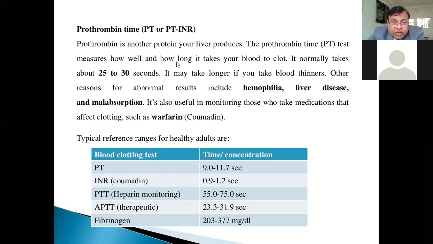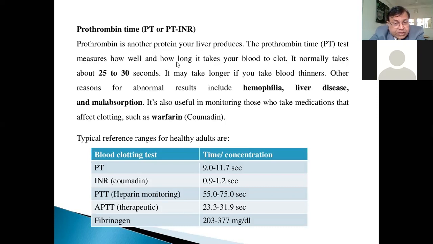It may take longer if you take blood thinners. Other reasons for an abnormal result are hemophilia, some liver disease, or malabsorption of nutrients or proteins. It is also useful in monitoring those who take medication that affects clotting, such as warfarin. Warfarin is a good anticoagulant.